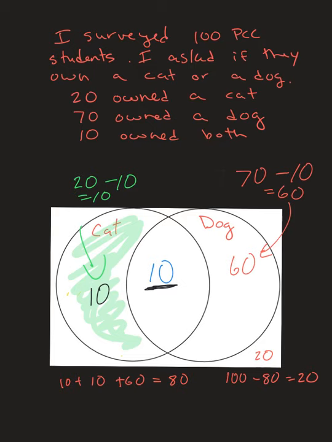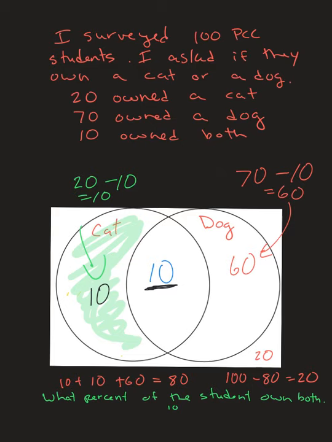I could answer a question like, what percent of the students own both? All right, well, we see that 10 people own both, so that's going to be 10 out of 100.